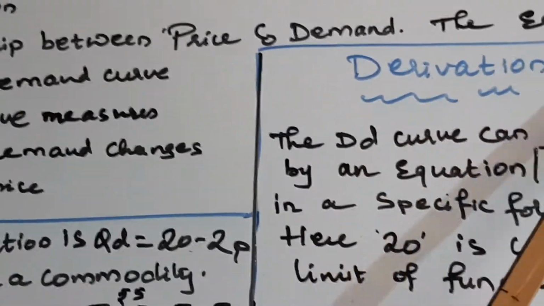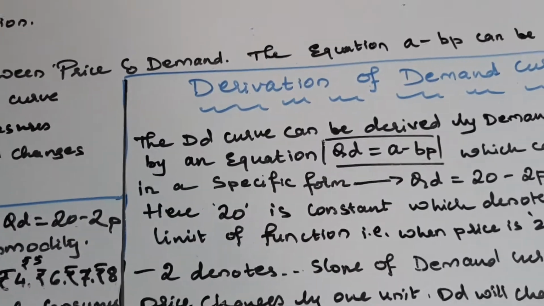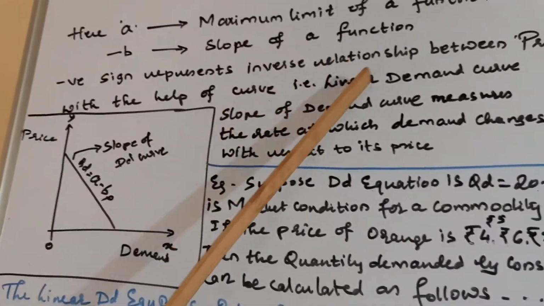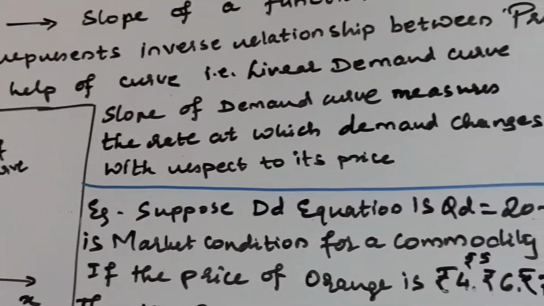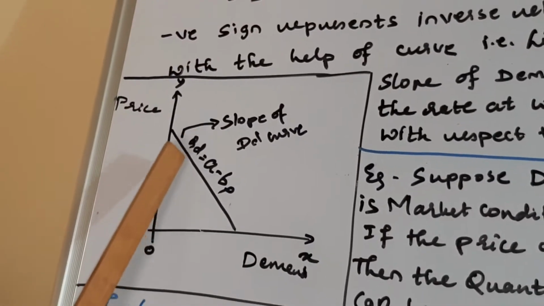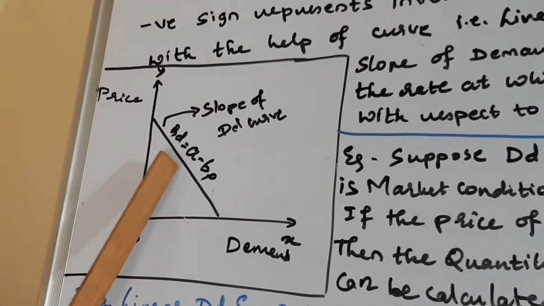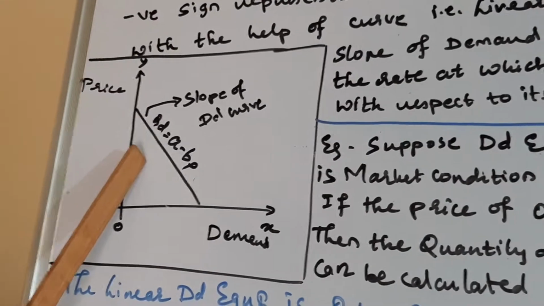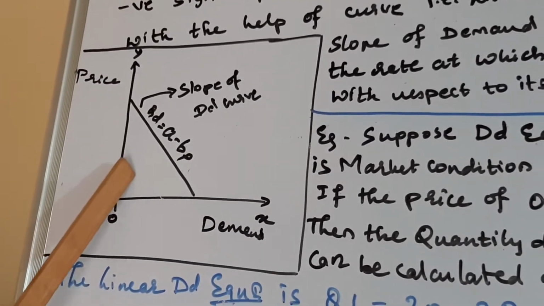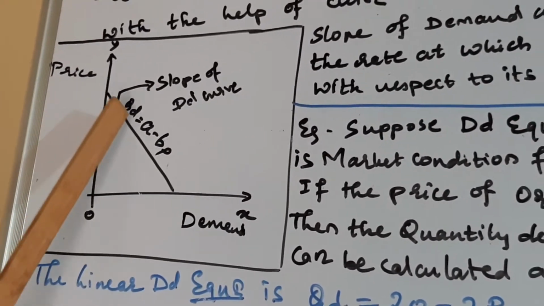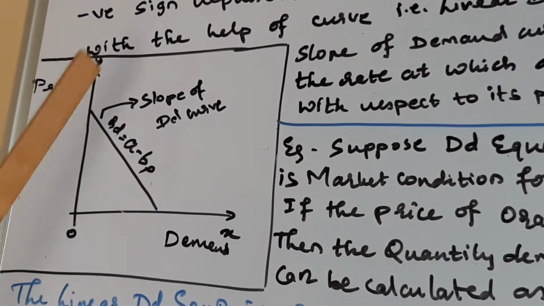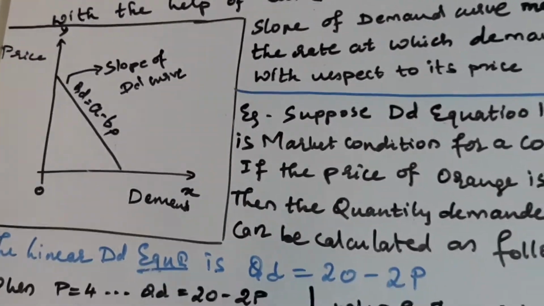The equation a - bp can be shown with the help of a curve, that is a linear demand curve, and its equation is Qd = a - bp. Why is it called linear? Because it doesn't have any terms like a square root or a cube, but it is a simple straight line equation, that is a - bp.